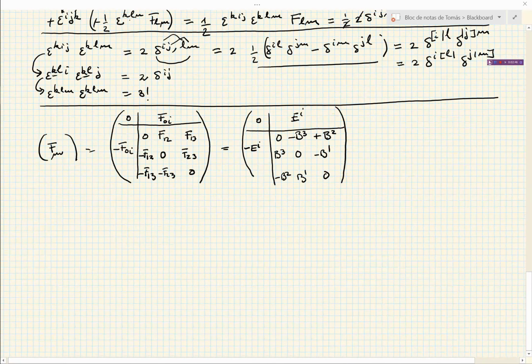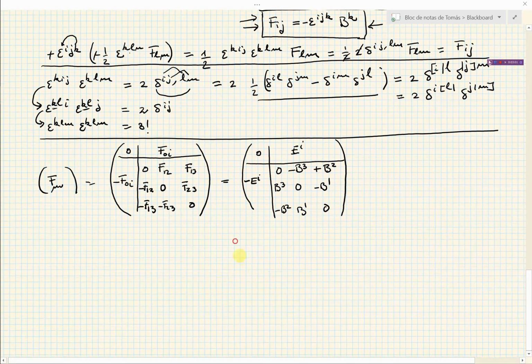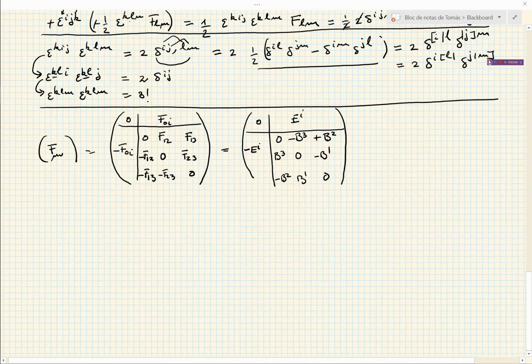What is more interesting is to study the transformation laws of the Lorentz transformations of the electric and magnetic fields. Since they are part of this electromagnetic tensor, they will transform under Lorentz transformations. So we are going to study only Lorentz boosts, and we would proceed as follows for the electric field.